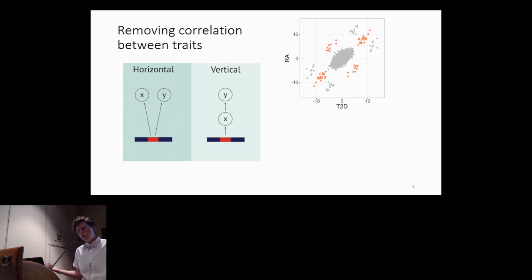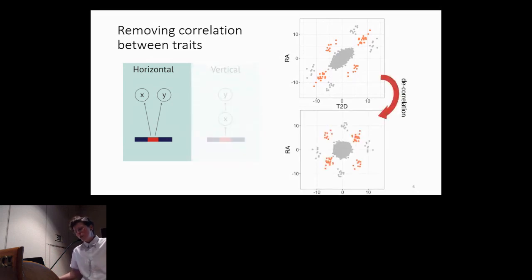Vertical pleiotropy is when one SNP has a direct effect on one of the traits, but because there is correlation between the traits, it will also show an association with trait Y. Since we can only find associations, if we don't do anything, we would find both types of pleiotropy, but we only want to find the horizontal direct pleiotropy.